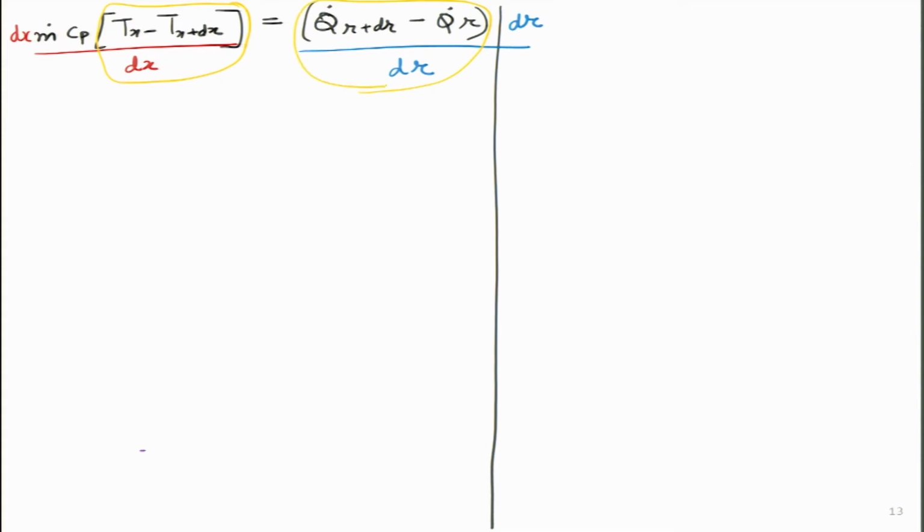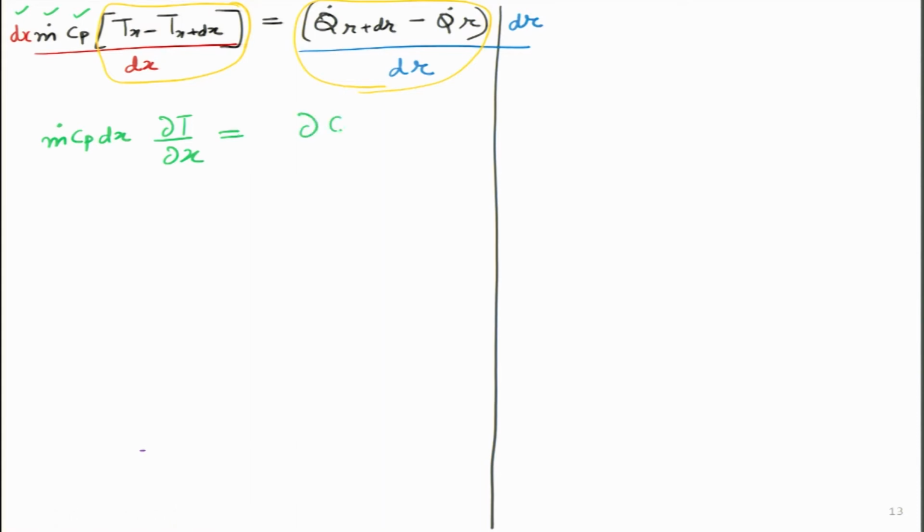So, this is what I am going to write in the next line as m dot Cp dx. These are these three terms over here. So, I am just rearranging them, m dot Cp dx, and can I write it as del T by del x, and I have to take care of the minus sign somewhere.